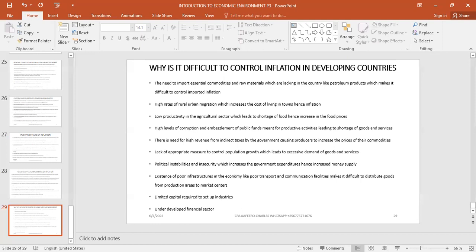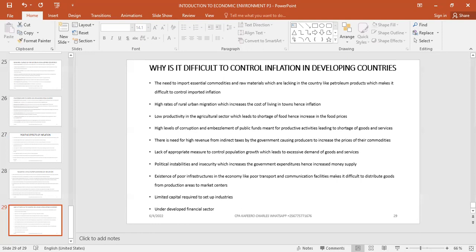There is also a high rate of rural-urban migration, which increases the cost of living in towns, hence inflation. People are living in villages and they are coming to towns or to urban centers. And when that happens, first of all, they are increasing the population in that area.